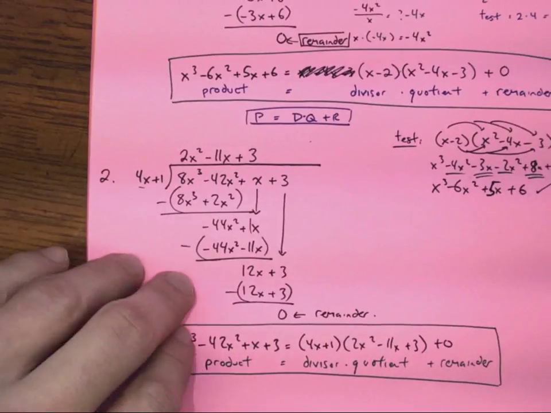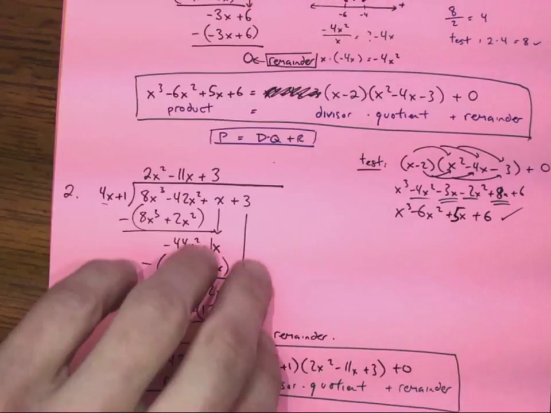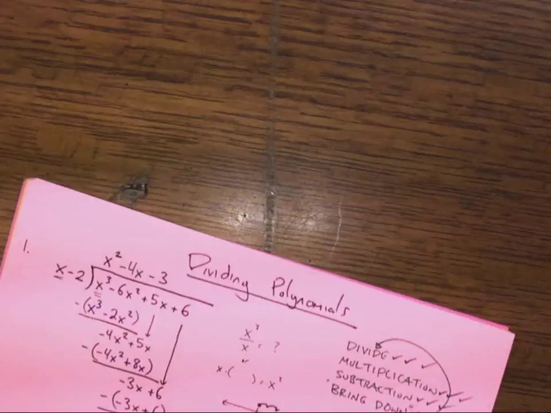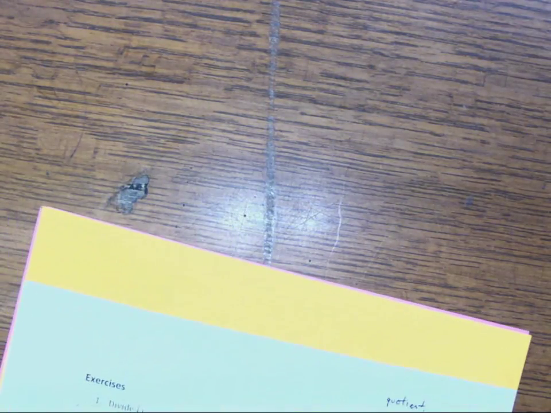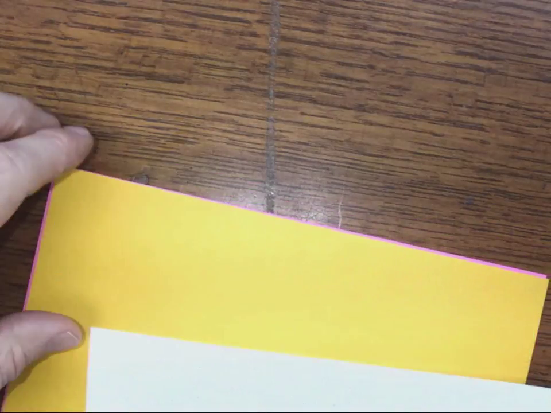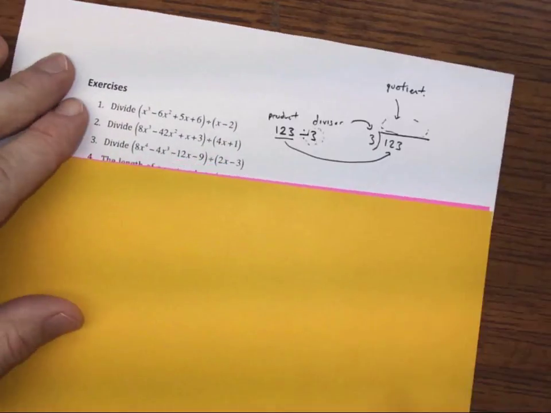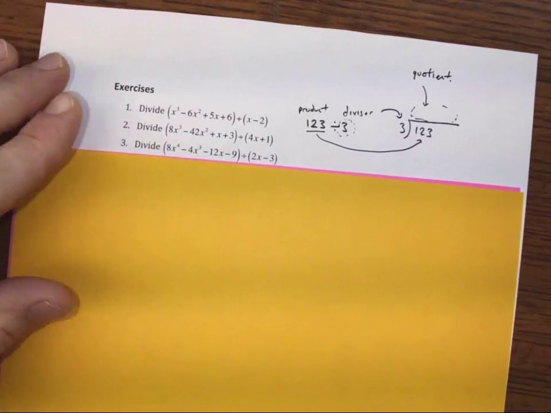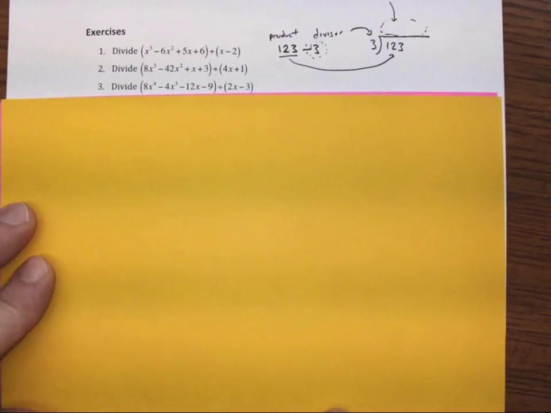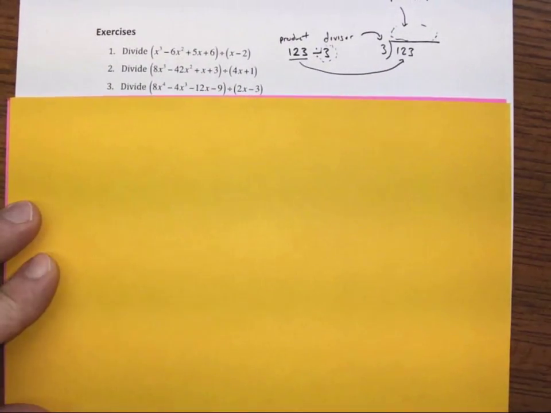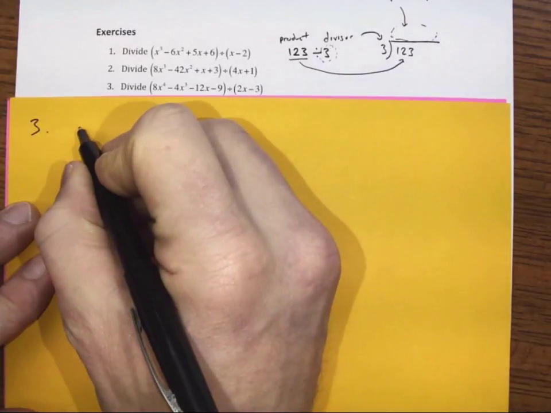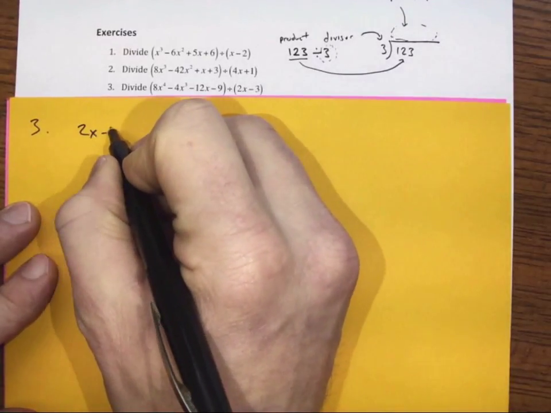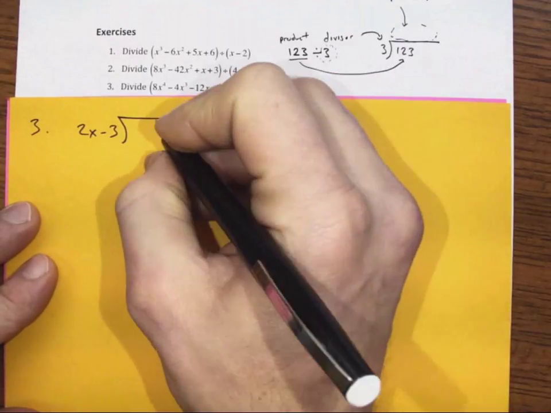Great. So let's move on to question 3. Question 3 says, well, we're going to take that number 2x minus 3 and put it here.